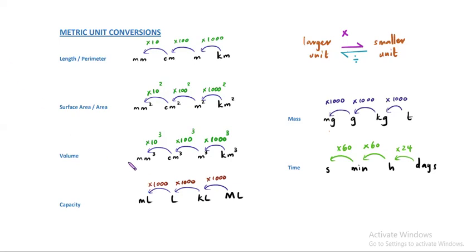Now, this one about volume and capacity is very important, because when we consider the units of volume and capacity, cubic centimeters and milliliters have a relationship. These two are equal to each other. The same way, cubic meters and kiloliters are also equal.